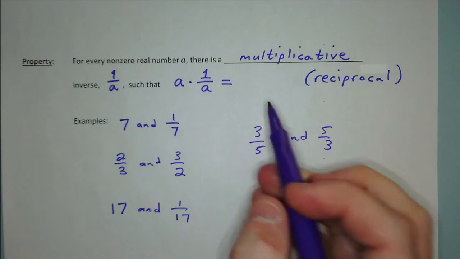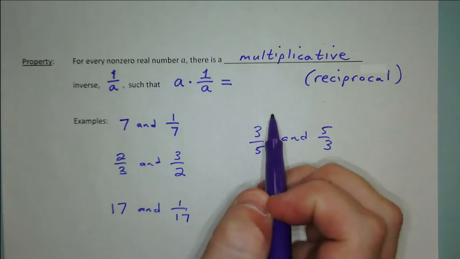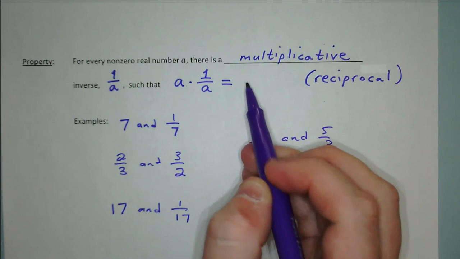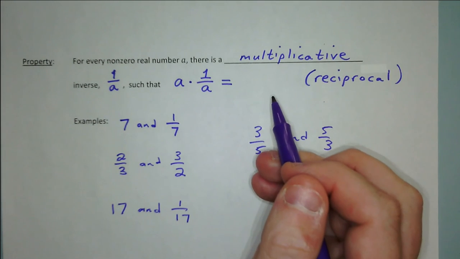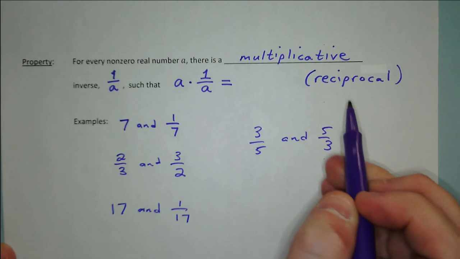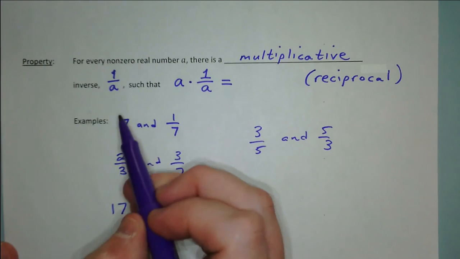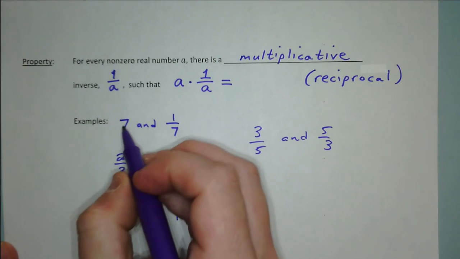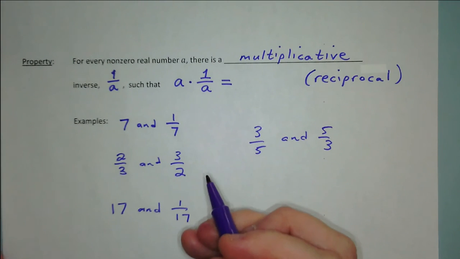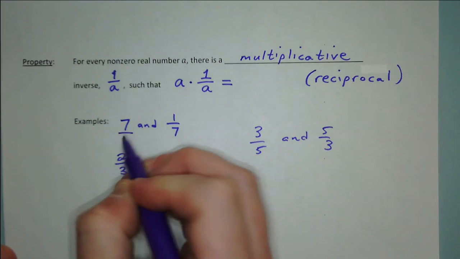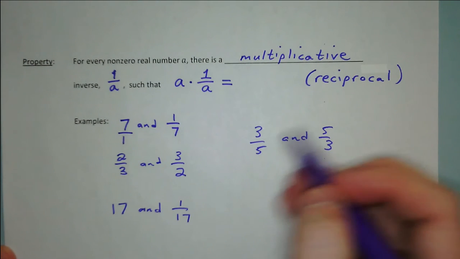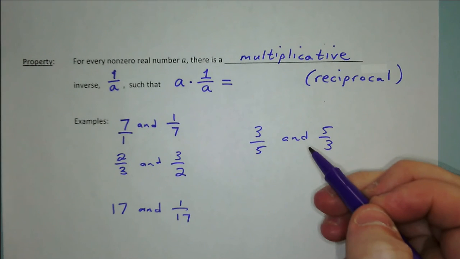So to finally finish off this definition, the actual definition of a reciprocal is more than just that you flip it. By the way, 7 and 1/7 are flips of each other, because isn't 7 the same as 7/1? You bet it is.